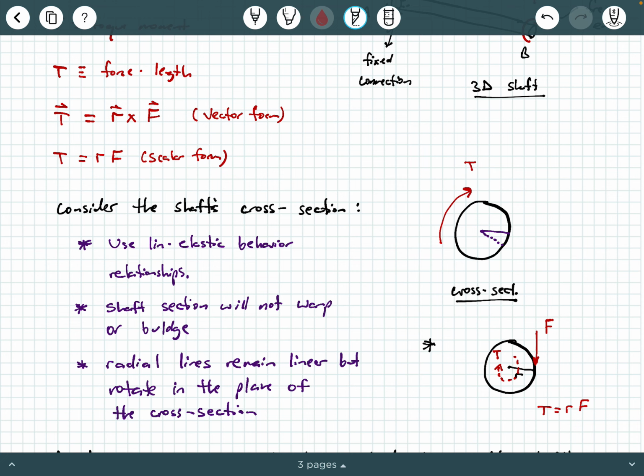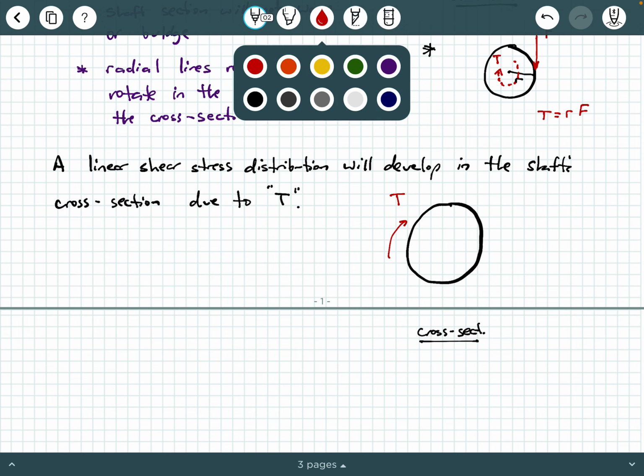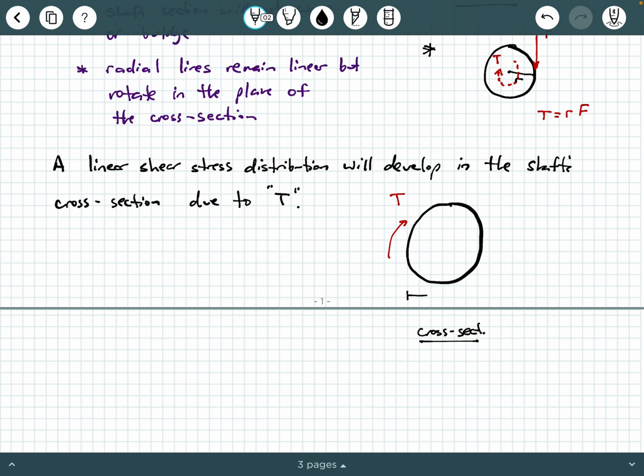All right, so let's say that this shaft has a diameter of D, and let's say that it has a radius of R, okay? So just keeping with our same nomenclature. So when this torque moment is being sustained by this shaft's cross-section, a linear torsional shear stress distribution will develop.